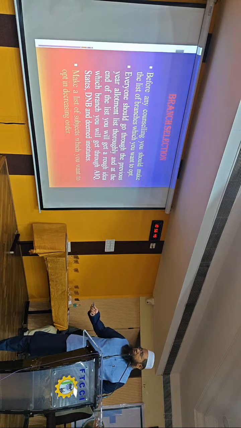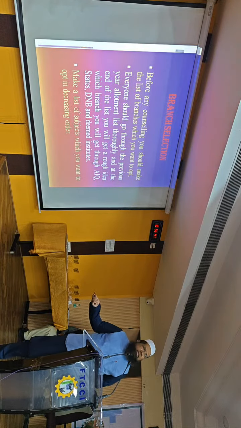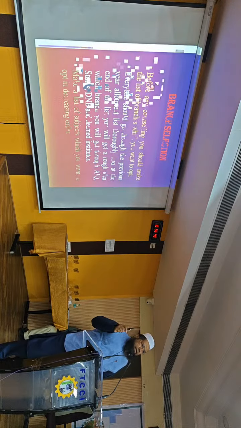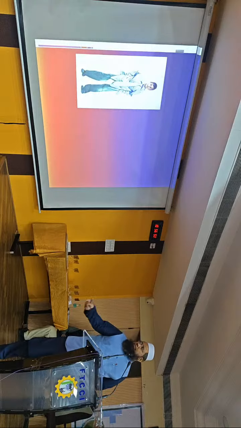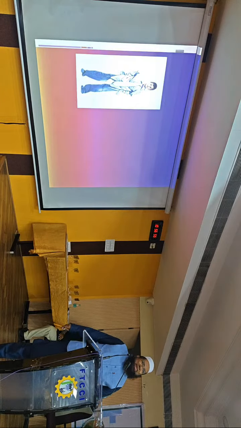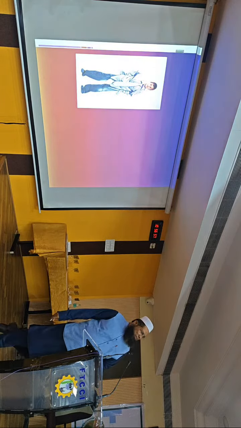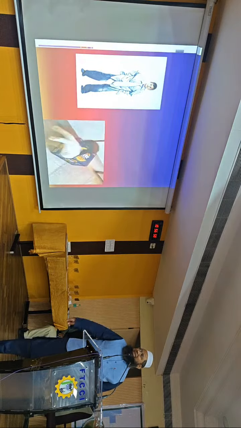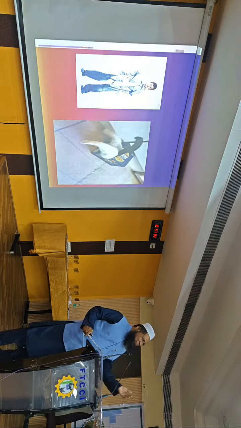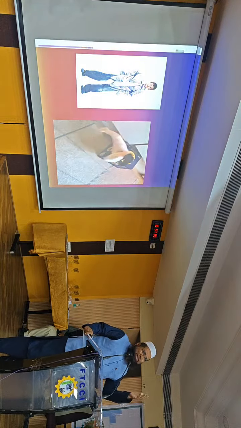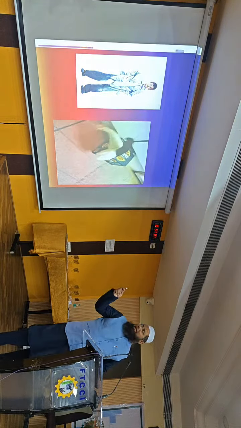Then make a list of subjects which you want to opt in decreasing order. What is your first priority? Then second priority, then third priority, like that. You might be thinking why I kept this slide. See, you can't say that my father wore that dress, that's why I want to wear it, like this child.